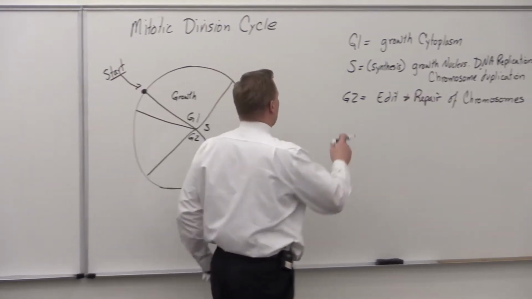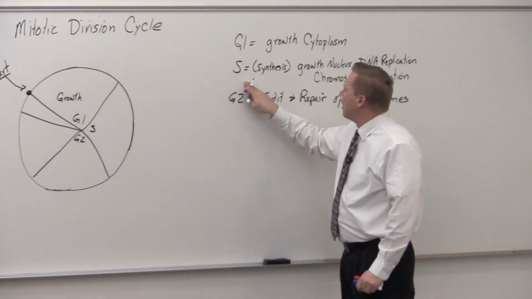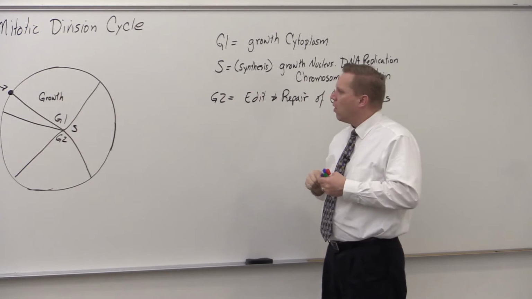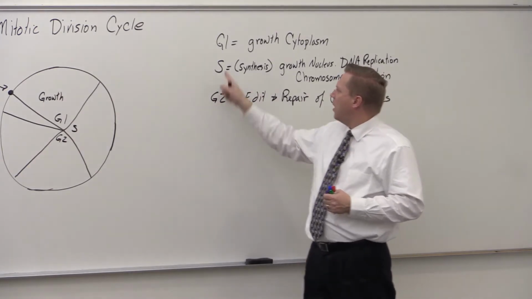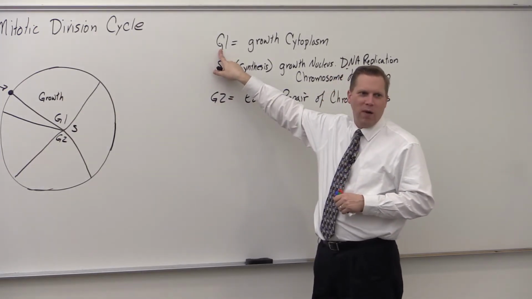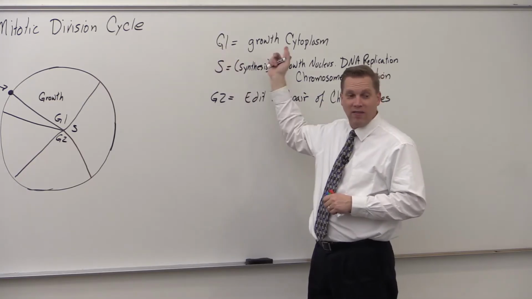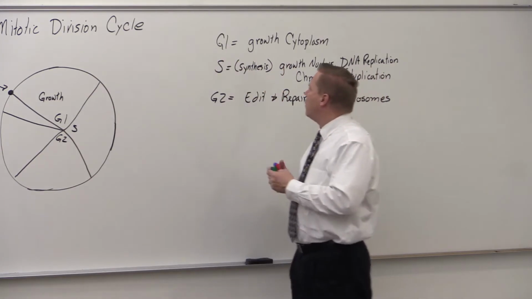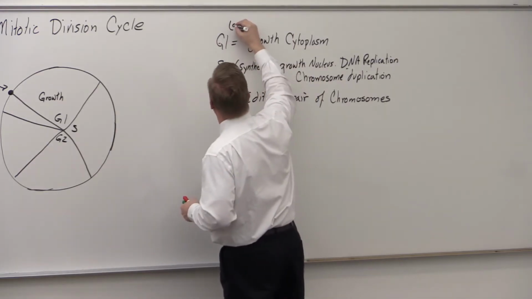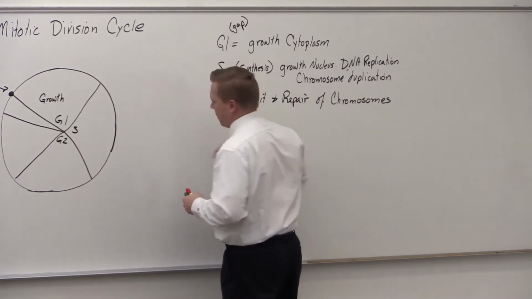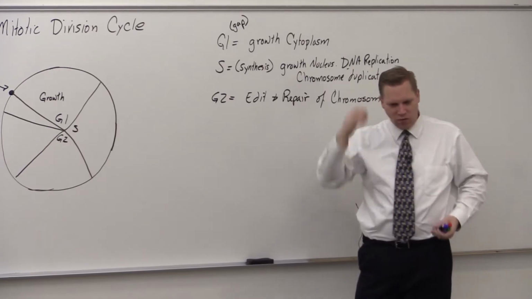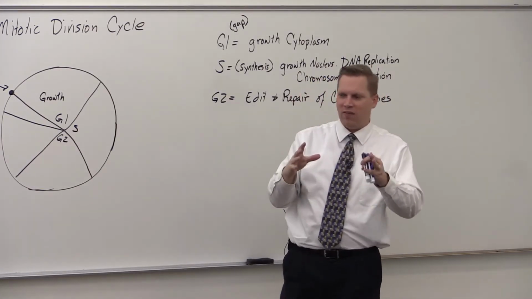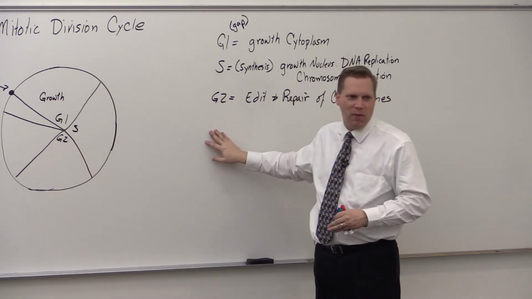In fact, and this might be as good a time as any to explain, G1 and G2 got their names. The G right here, when I first wrote this up, you might have thought that this stands for growth because that's what's happening. And I don't mind if you think that way. It's not. The G actually stands for gap. And when scientists were first studying the cell cycle, what they noticed is they could find the next stage we're going to talk about, mitosis.